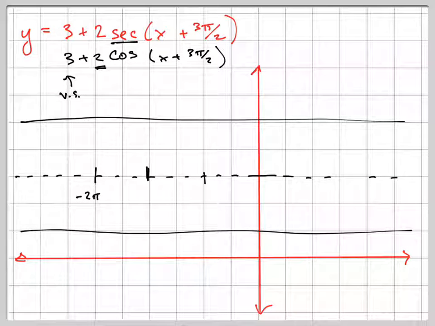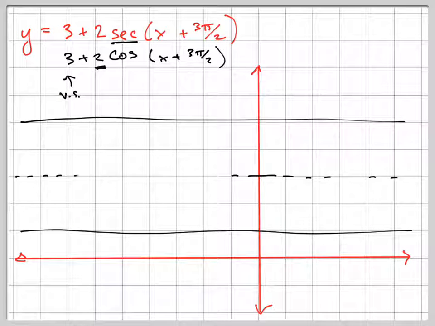I should write it down on the x-axis. This is negative 2 pi, this is negative pi. No, that's not good. Let's try something else. This is the hardest part of these problems, to figure out what you want your interval lengths to be.